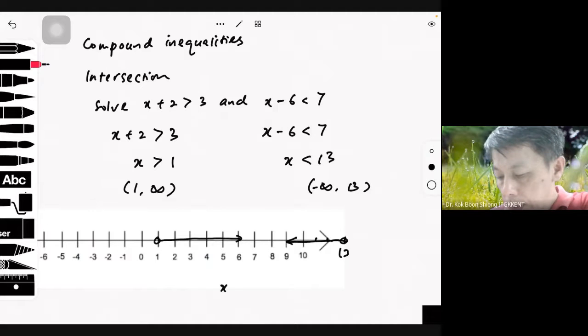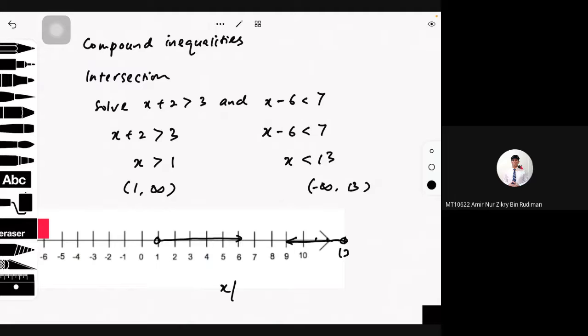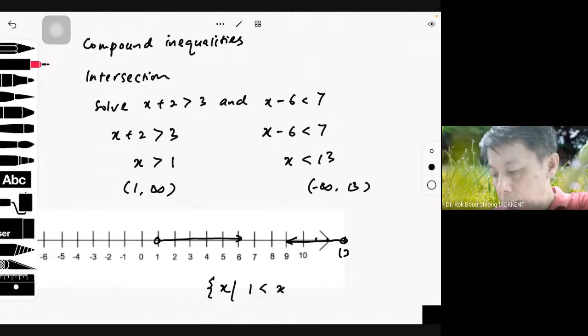So x is between what? 1 and 13. Yes, x is between 1 and 13.